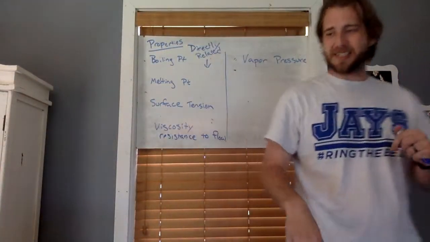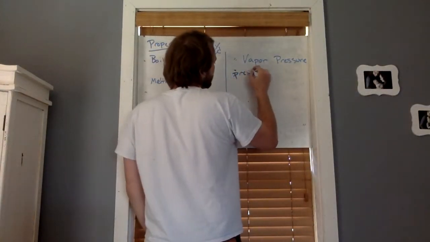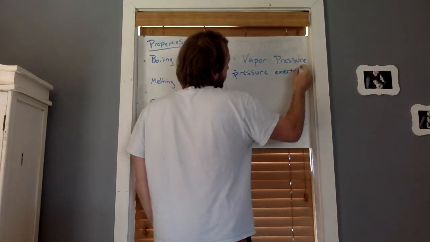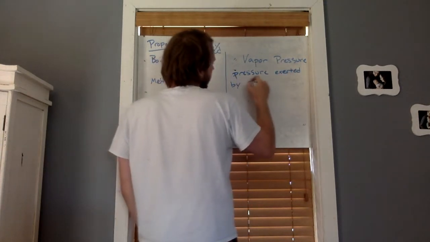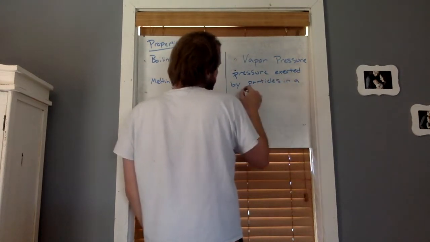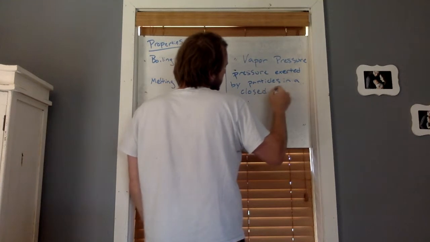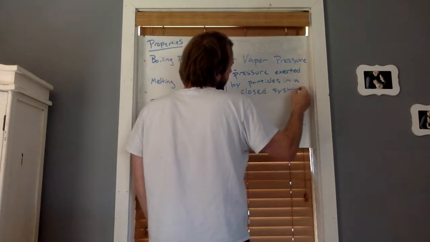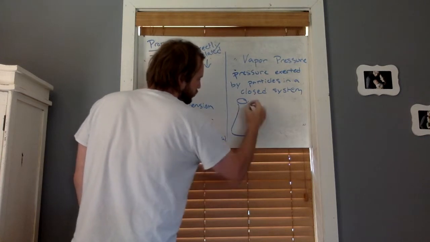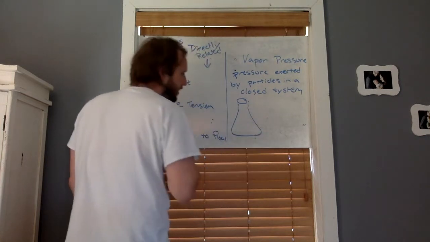Vapor pressure is new. Vapor pressure is the pressure exerted by particles in a closed system. What do I mean by that? So if I had a flask, you'll have to pardon my artistic ability.